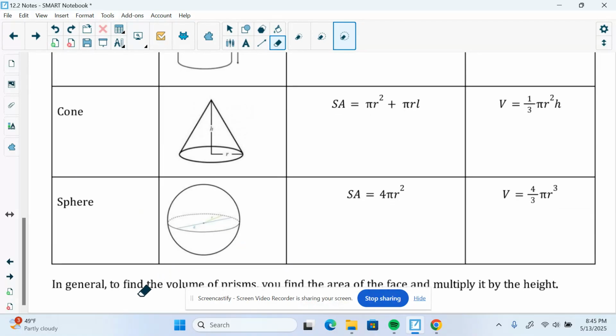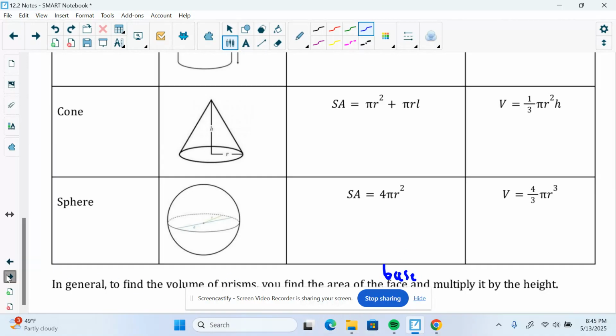Now, as it says down here at the bottom, in general, to find the volume of prisms, you find the area of the face or the base, and you multiply it times the height. I'm going to call that the base, because some people say the faces are every flat surface of the prism is a face of the prism. So the area of the base times the height gets us the volume.